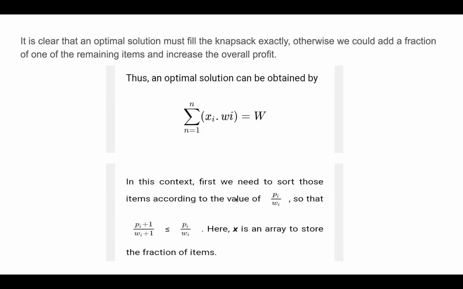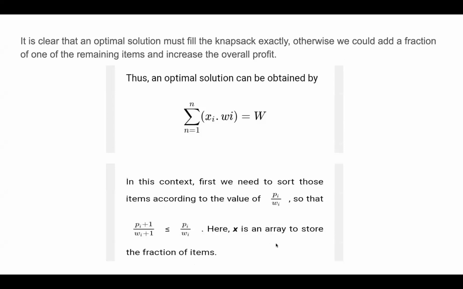Now in this context, first we need to sort those items according to the value of pi divided by wi, which means we are considering the ratio of profit and weight. That means the ratio of the next step should be less than or equal to the ratio of the current state.